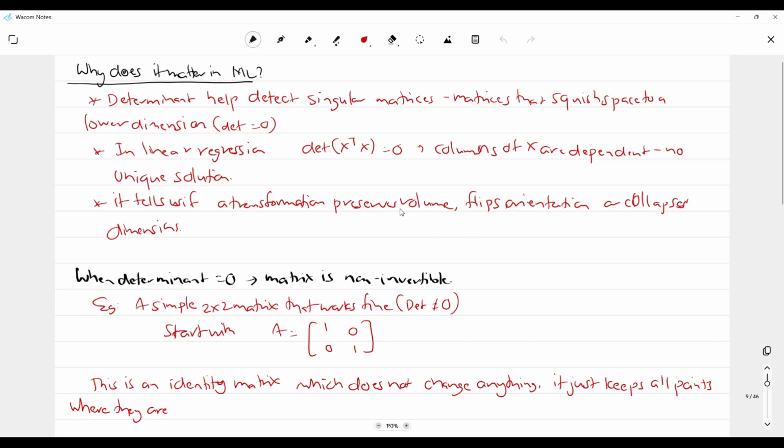For example, in case of linear regression, if the determinant of X transpose X equals 0, then we understand that the columns of X are linearly dependent, which means your model can't find a unique solution for its weights. So in short, the value of the determinant tells us how much a matrix stretches, shrinks, or flips space and whether it's even possible to reverse that transformation or not.